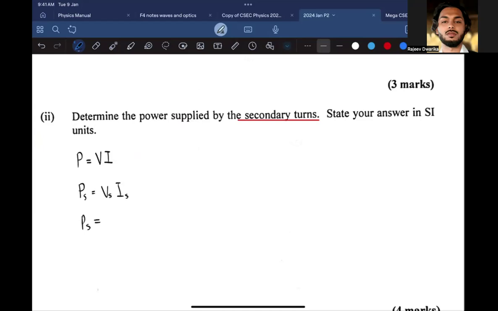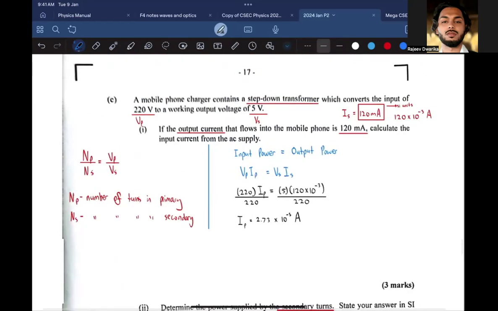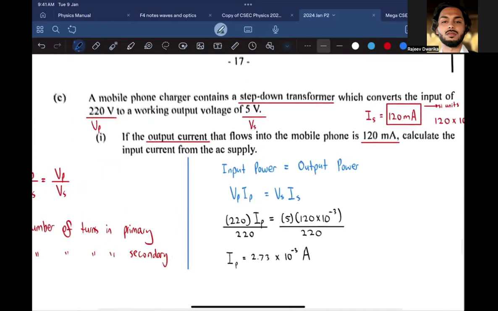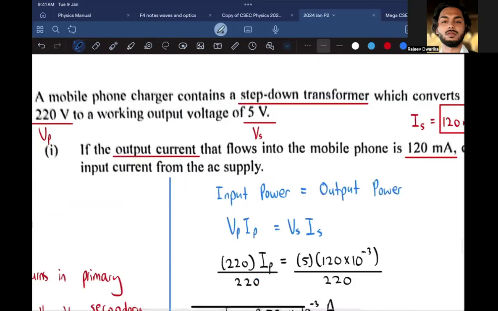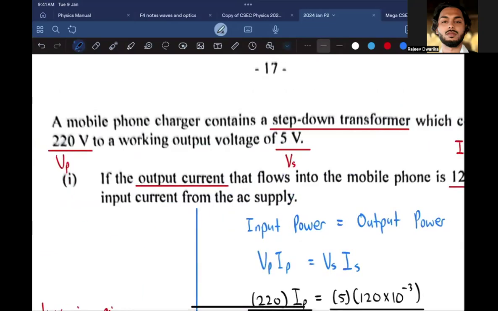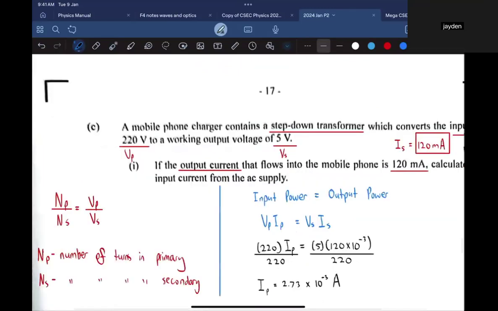And what was the voltage in the secondary? Tell me, Jadon, what was the voltage in the secondary? The secondary will always be output. 35 volts. Right? 5 volts.